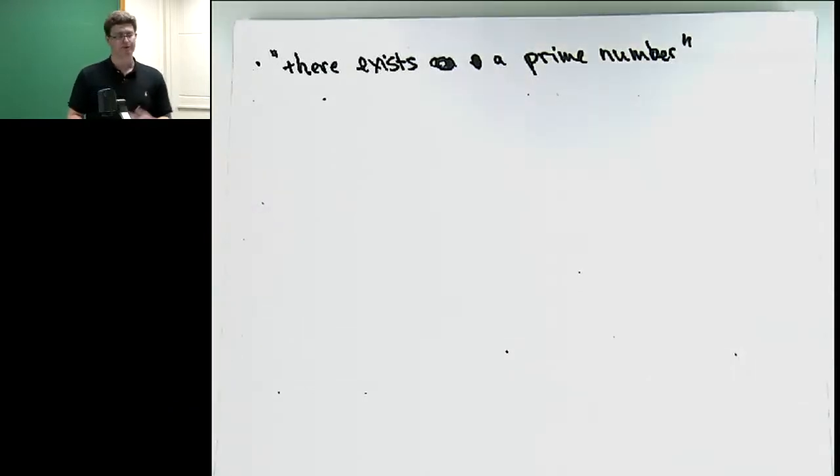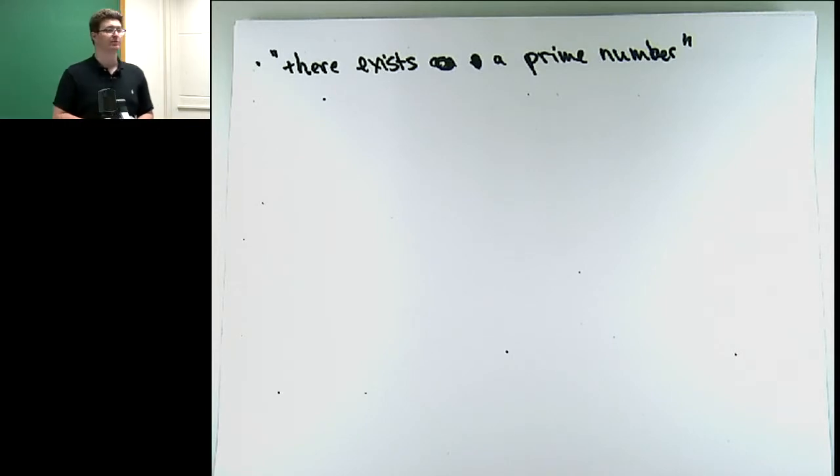So there's a number which is prime. Okay, 2. So this thing's true, right? For this one, we only need to find one example for this to be certified as true. But this is a proposition, regardless of its truth value. It's either a true or false statement.